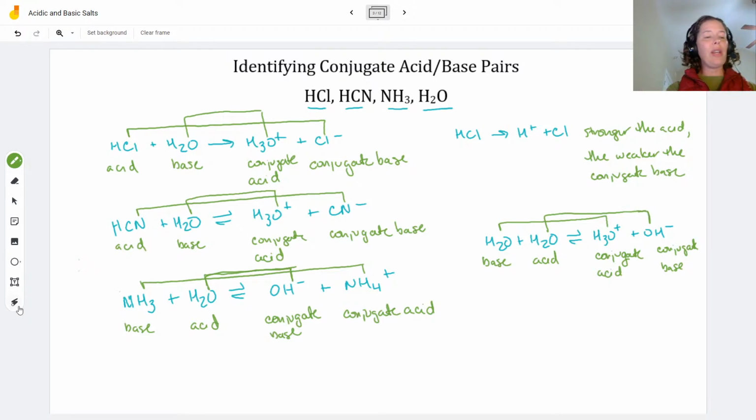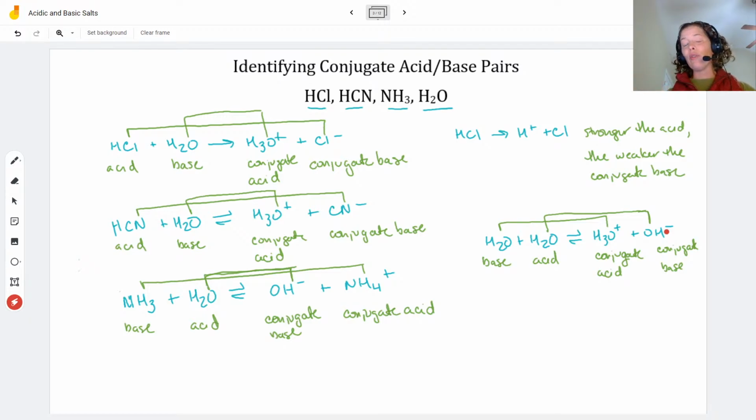Now, when we're talking about aqueous solutions, hydronium cation and hydroxide anion are the strongest acids and bases that you can have in aqueous solution. So this is why in aqueous solution we talk about hydrochloric and hydrobromic acids being strong acids. They're both strong acids.